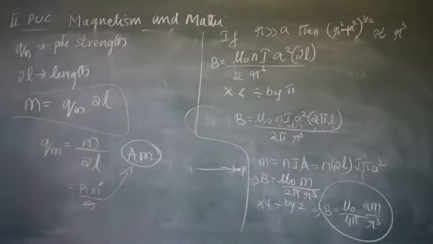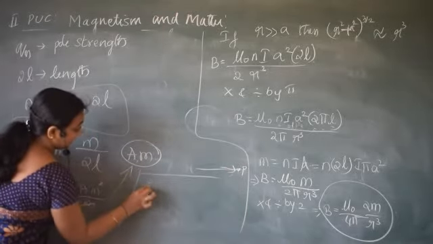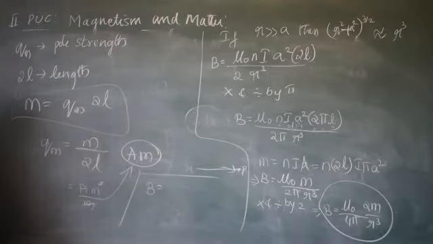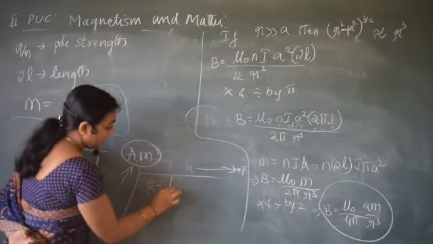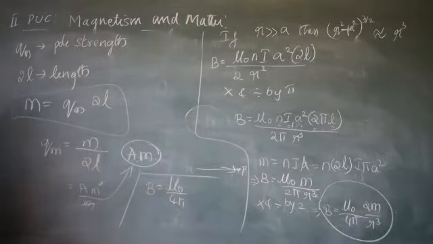Okay, so the expression for the magnetic field due to a pole strength is a direct expression for you. Using the expression of the pole strength, magnetic field is B is equal to mu naught by 4 pi into 2 instead of M by R square.